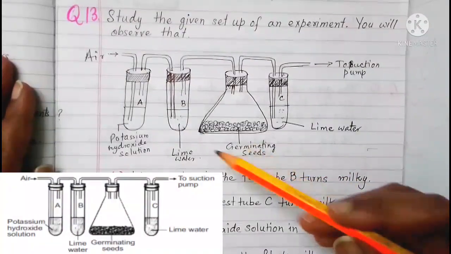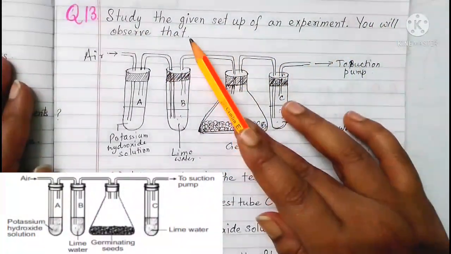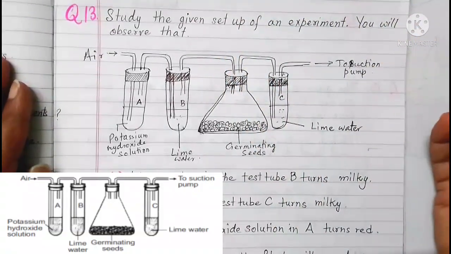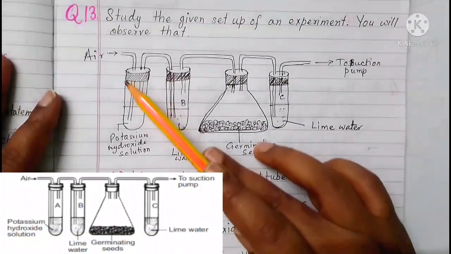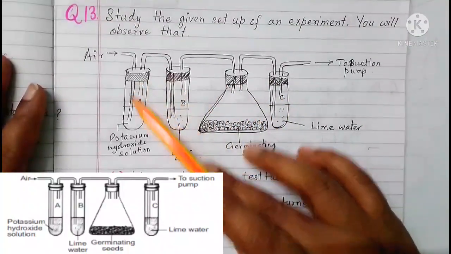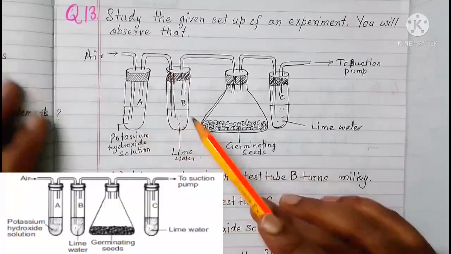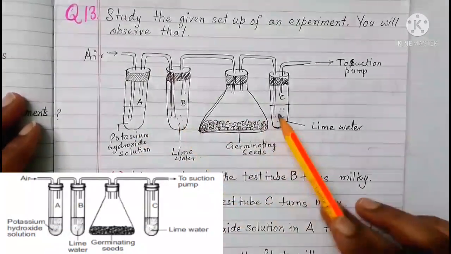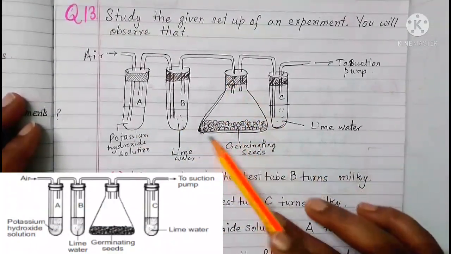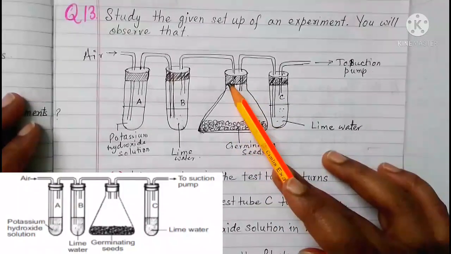So question number 13. Study the given setup of an experiment. You will observe what? So there are 3 test tubes. In one there is KOH or potassium hydroxide solution. Here it is lime water, and there are some germinating seeds in a conical flask.